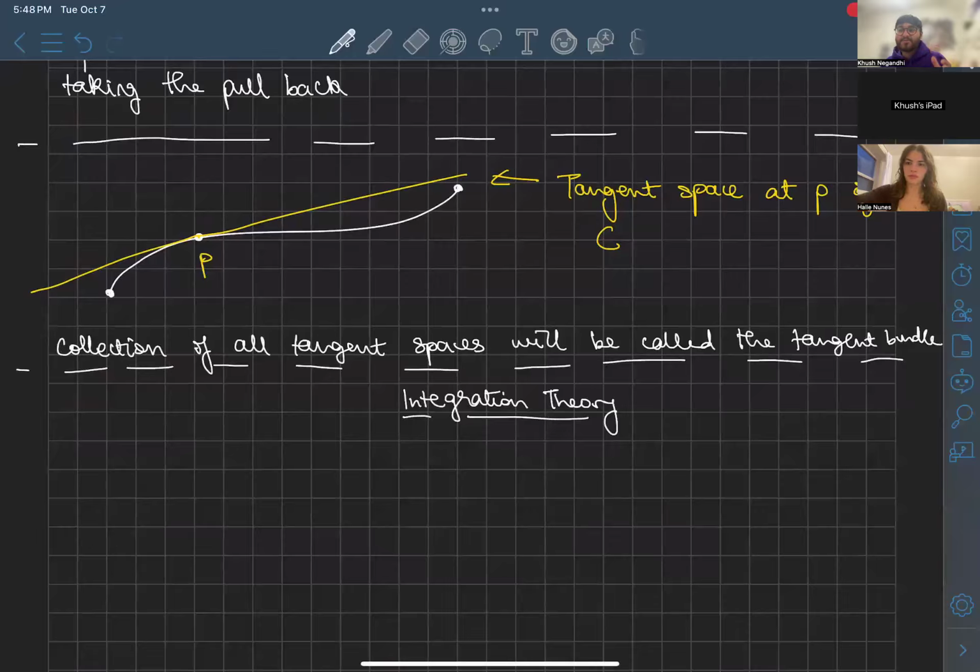And if we had a volume, we'd have to parameterize the volume and then integrate over a region in R3. The issue is, how do we integrate over R3? What does that mean? The way we're going to approach this problem is through measure theory and integration theory. So we're not going to be talking about the Riemann integral.